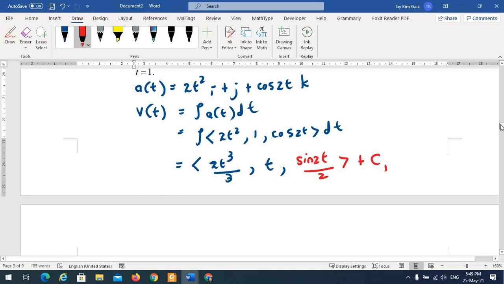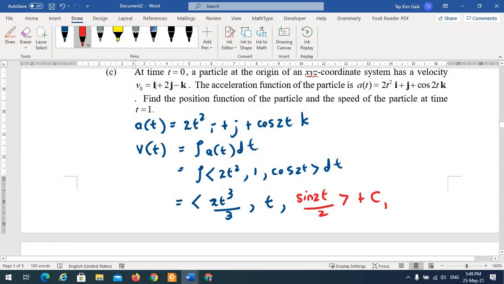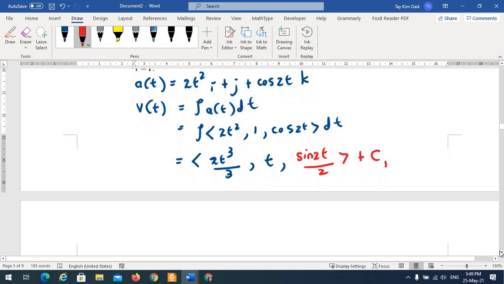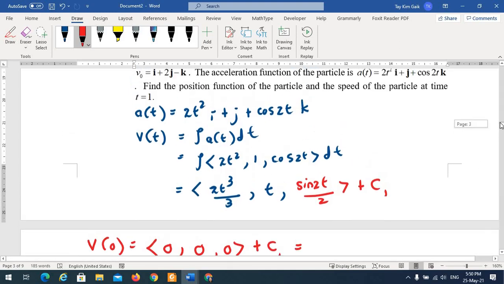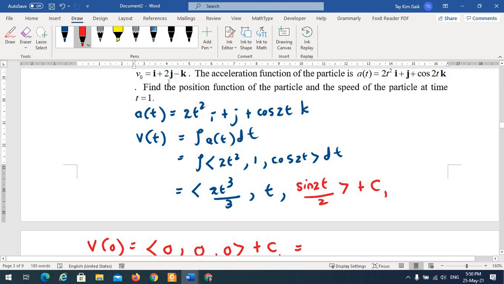Okay, and they give you the initial velocity, i plus 2j minus k when t equal to 0, so you can use this to find vector c1. When t is 0, plug in 0: component i is 0, component j is 0, sin 0 is 0, plus c1. The initial velocity vector is i plus 2j minus k, so 1, 2, negative 1.